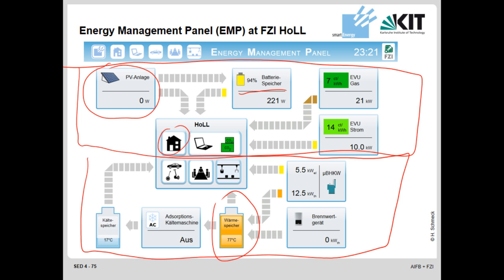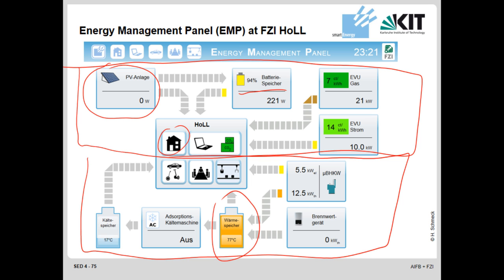We can click on that icon and get information on all the thermal sensing data. So we look at how the temperature curves in the storage devices are developing, how much heat we are using in the radiators and so on. And we can look at that at different resolutions in a very flexible way.